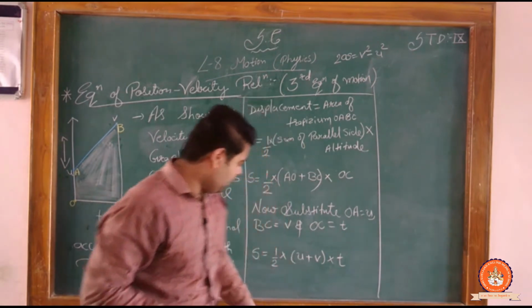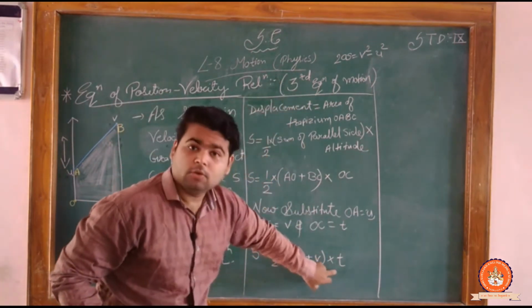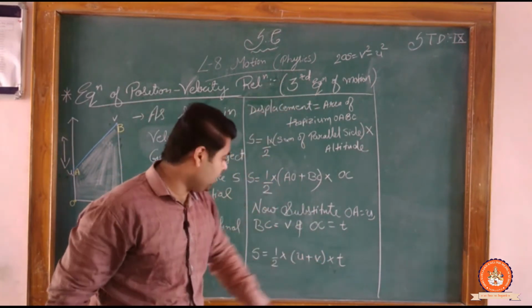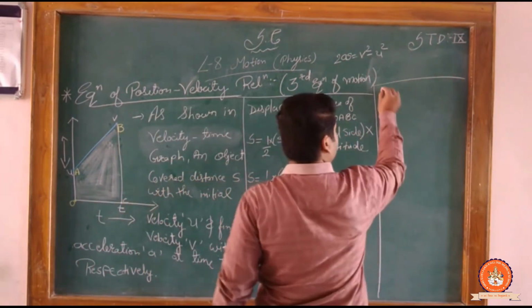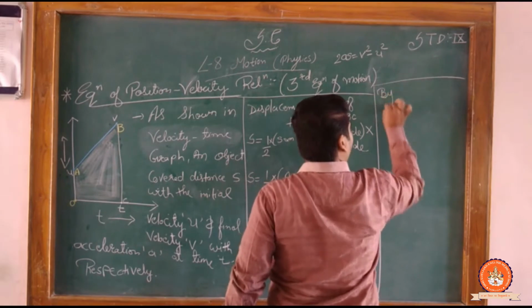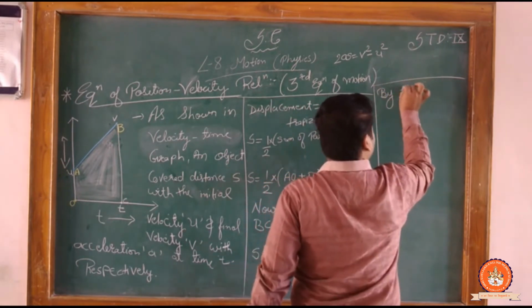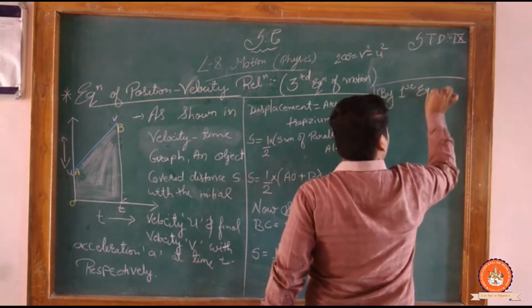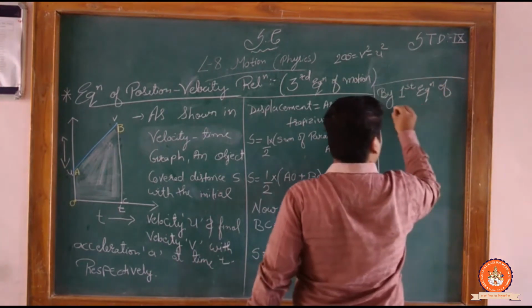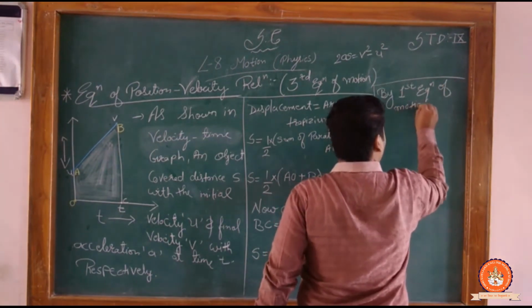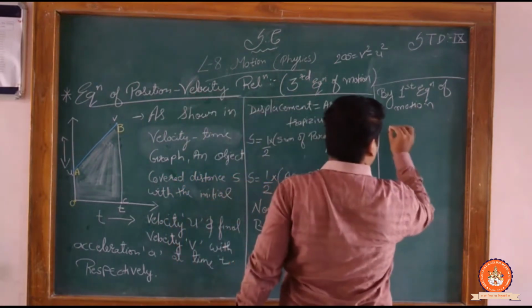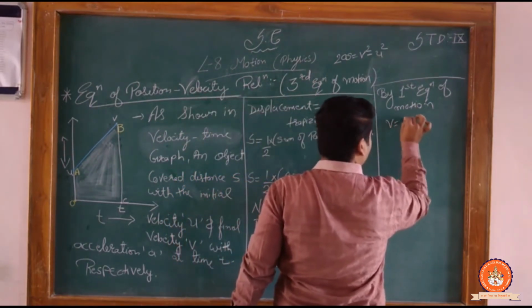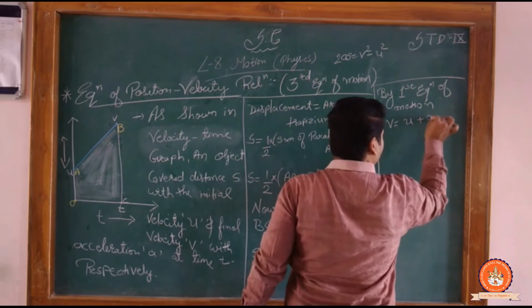Now what are we doing? We don't want T. So by the first equation of motion, V equals U plus AT.